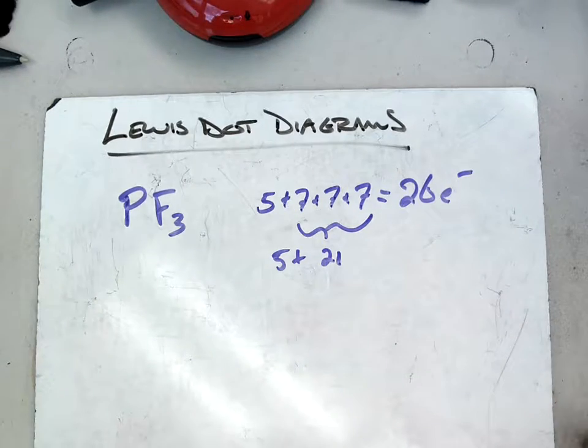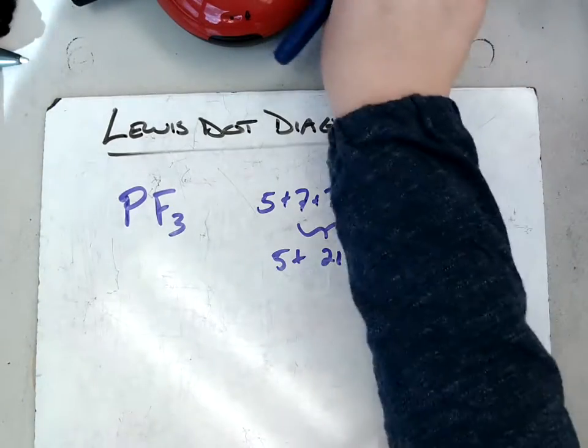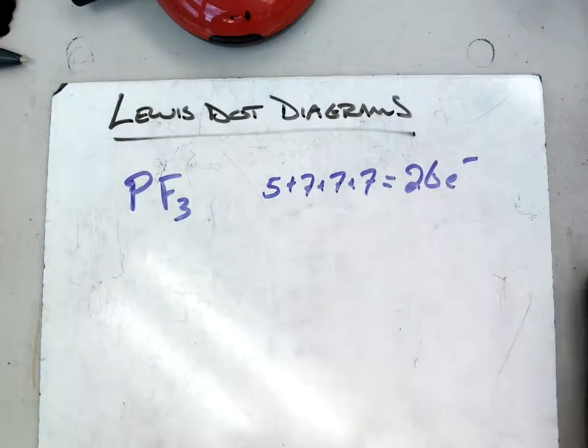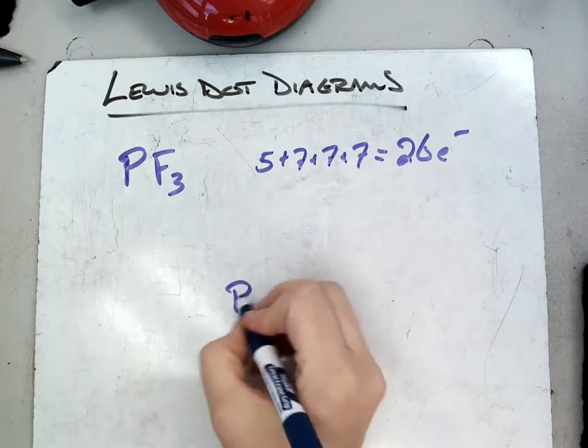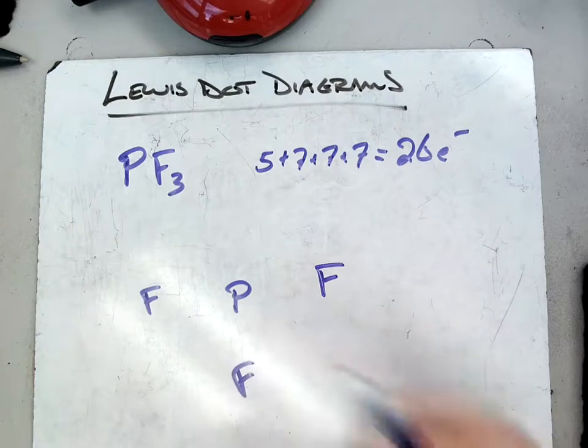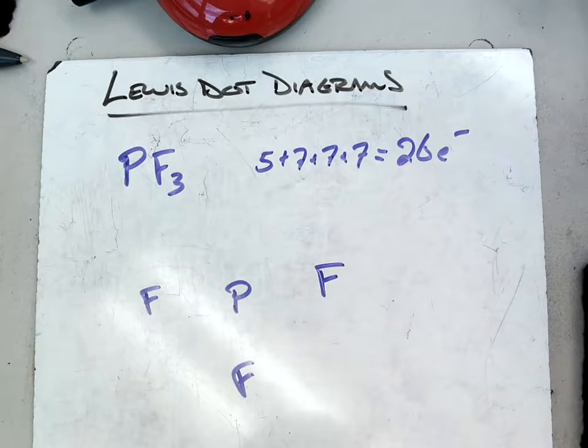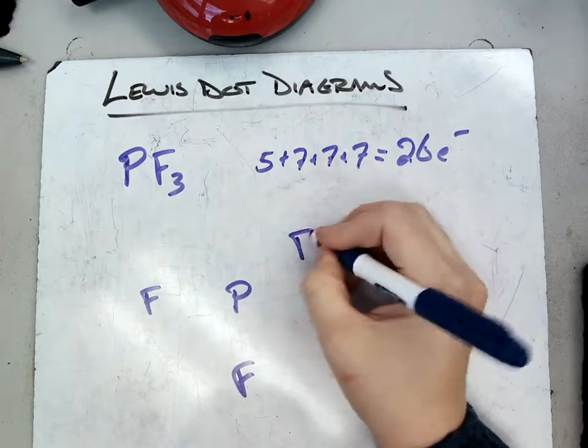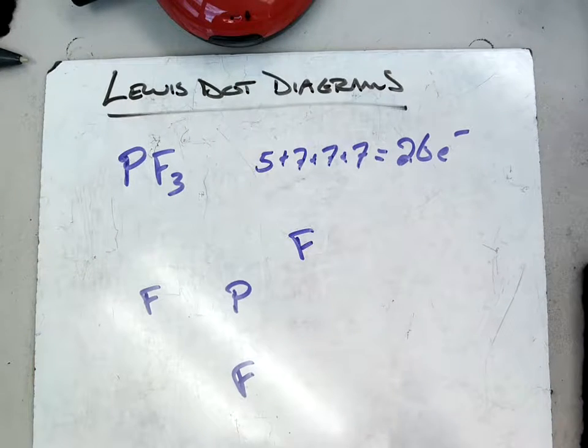I'm going to have 26 total valence electrons to work with. Okay. Seems pretty obvious that the phosphorus goes in the center. I'm not sure exactly where the fluorines go. Maybe I just spread them out, doesn't really matter. Once I figure out the dots, then I'll really know where the fluorines go.